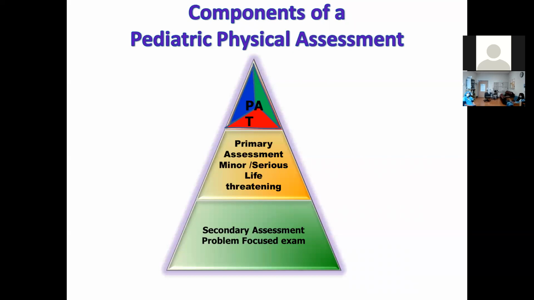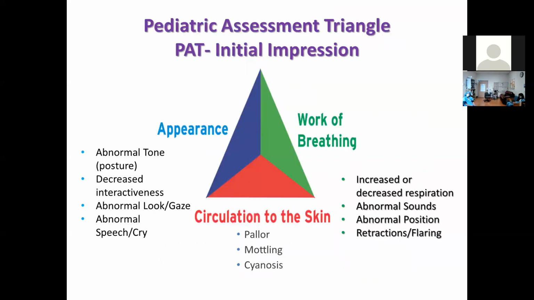If you'd like more detail, including secondary assessment, we offer the PAIRS course in-house, which is an 8-hour course where we go over full pediatric assessment, as well as a PULSE course. I focused on those two due to time constraints.